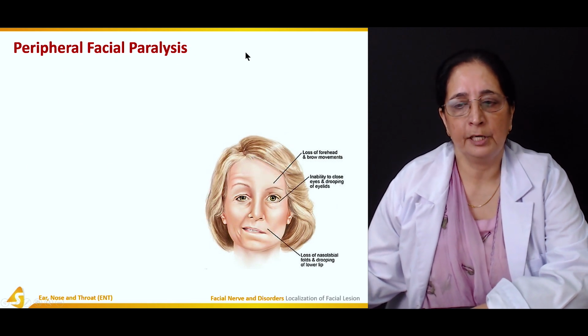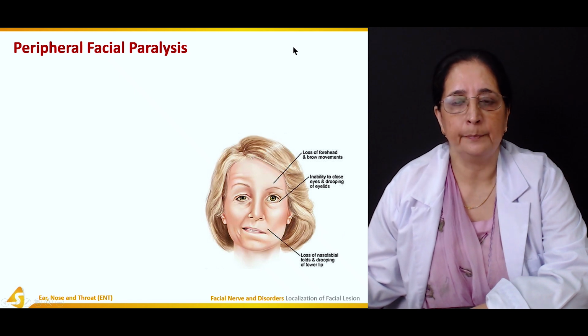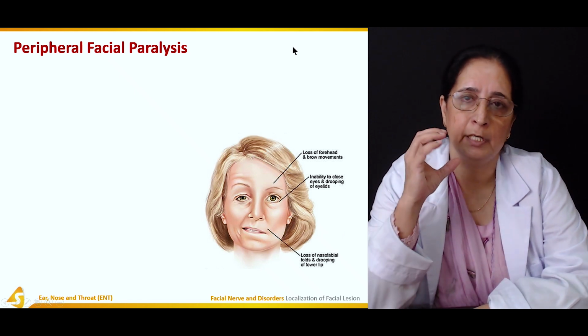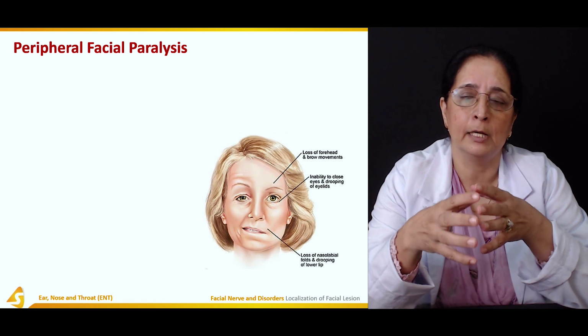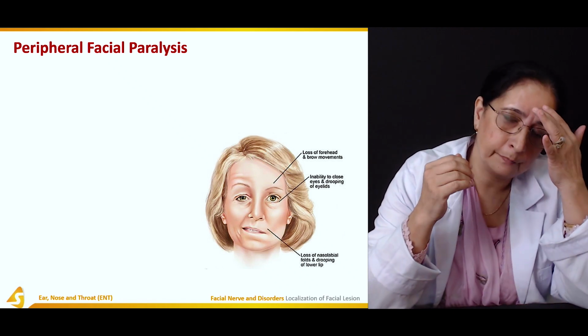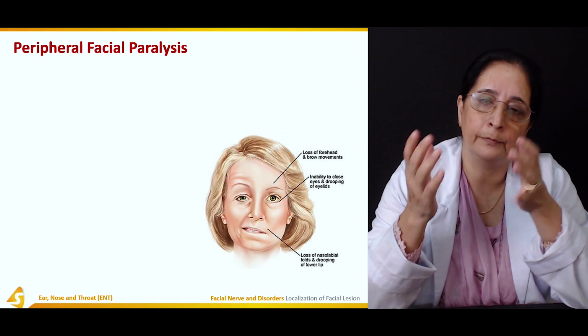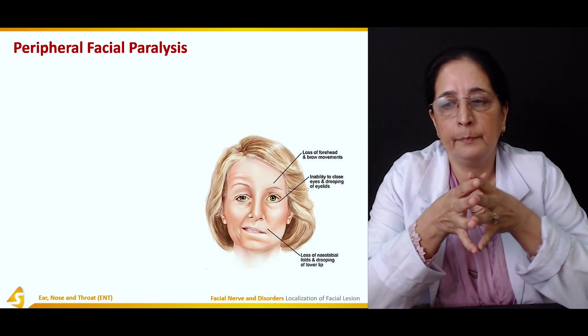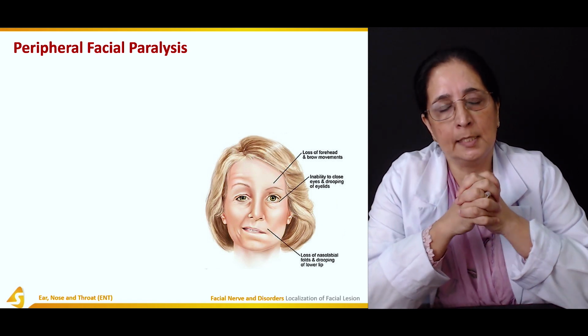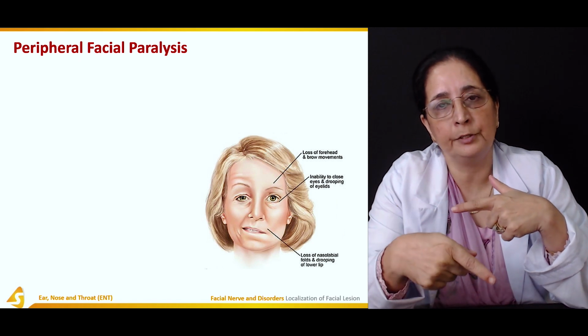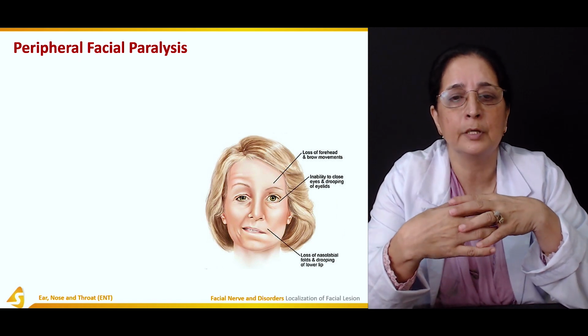Then peripheral facial paralysis. What happens in peripheral? To differentiate, the most important point is that there is no frowning of the forehead here in the peripheral facial paralysis, while in central facial paralysis that was preserved.